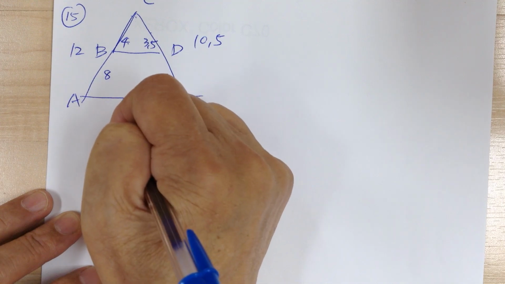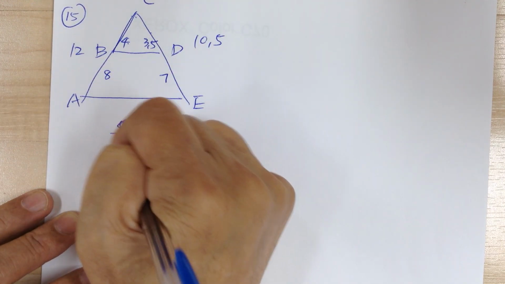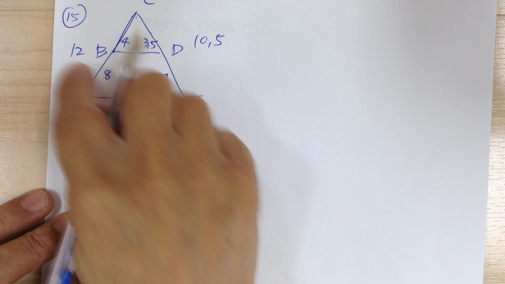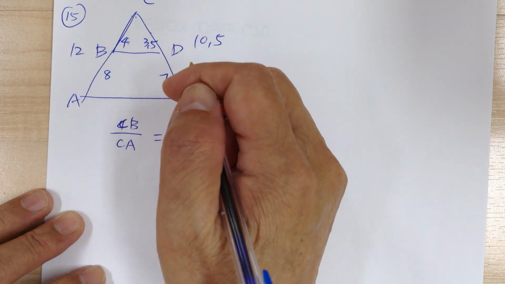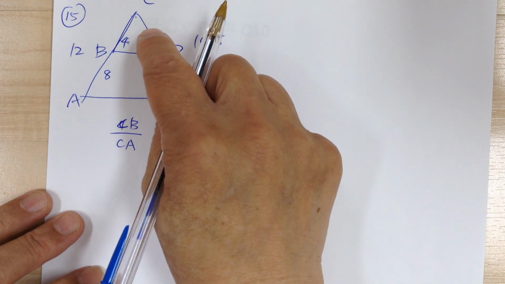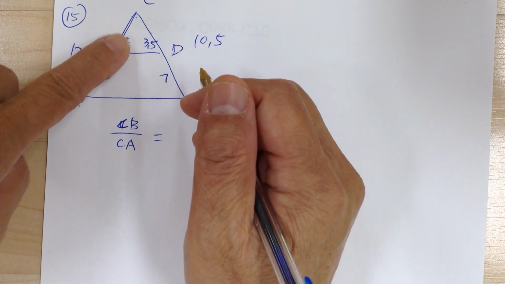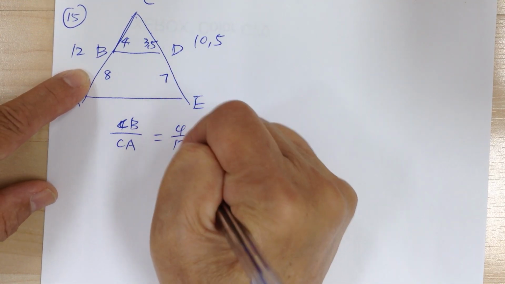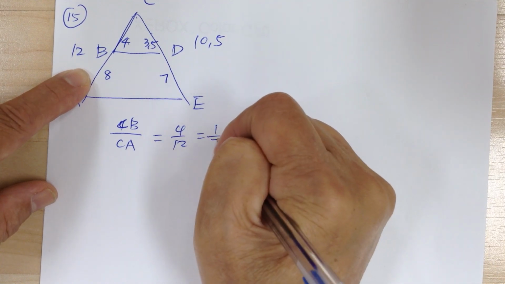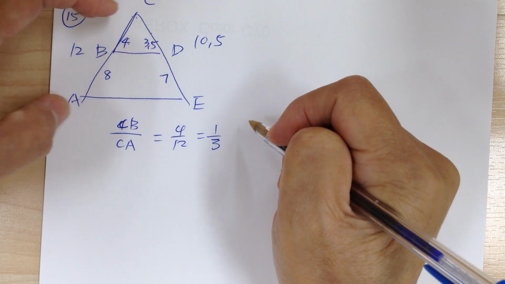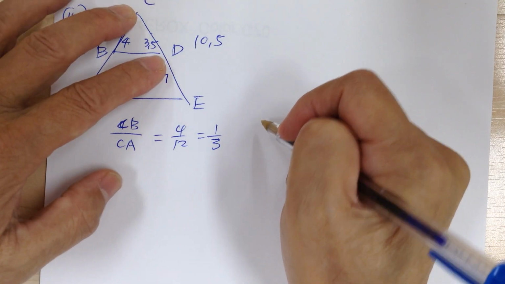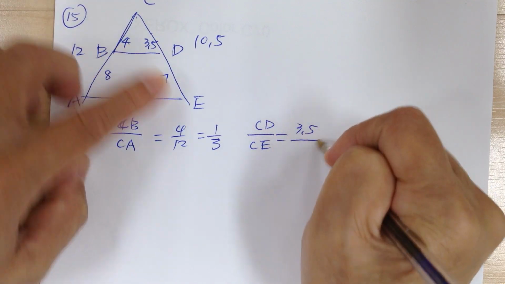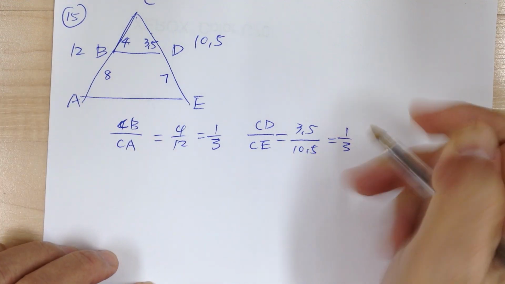So you have CB over CA equal to 4 over 12, see, this is 1/3 of that, equal to 1 over 3, right? The small triangle compared to the big triangle. And then you have CD over CE equal to 3.5 over 10.5, which is equal to 1 over 3. Okay, see that?